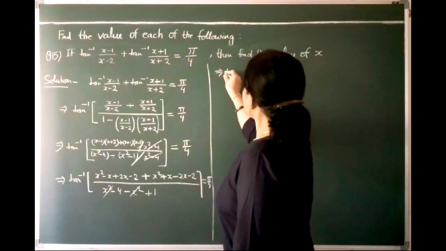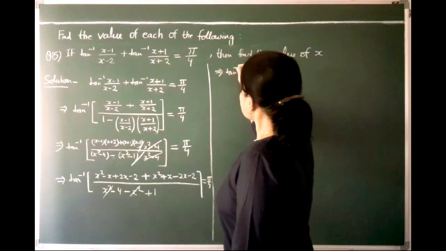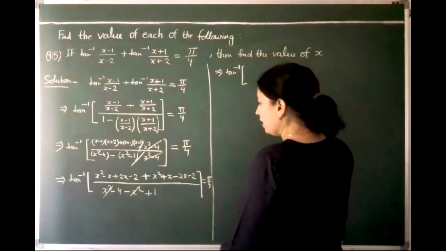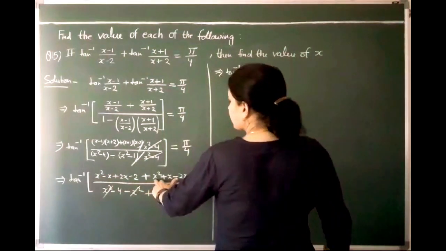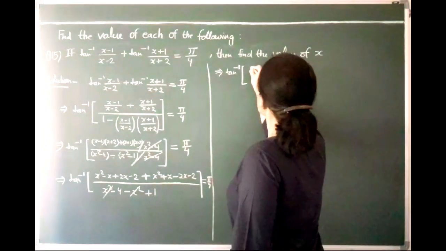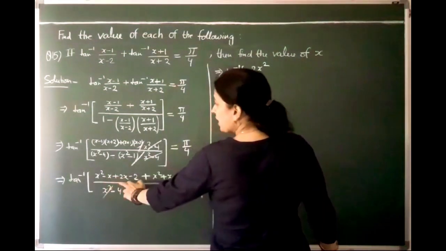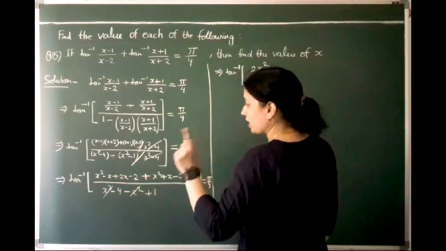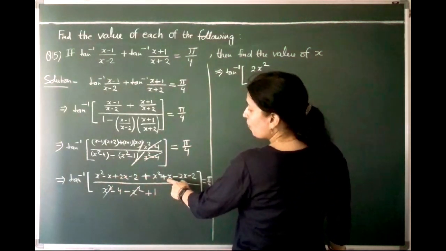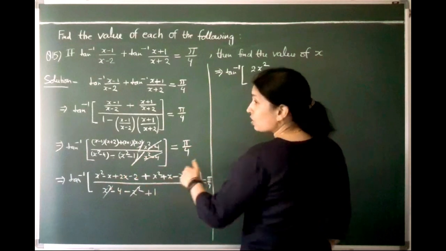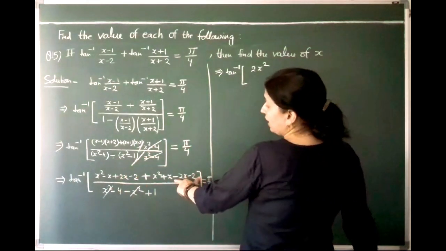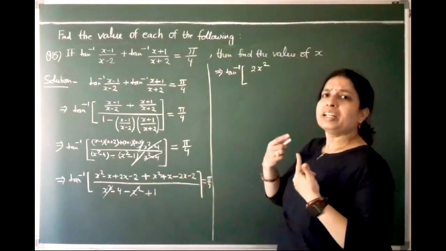So we can write tan inverse. Here it is x square plus x square will be 2x square. So right here 2x square, minus x plus 2x, so it will be plus x. And here it is also plus x and plus x, plus 2x. And here it is minus 2x. So it will be 0.